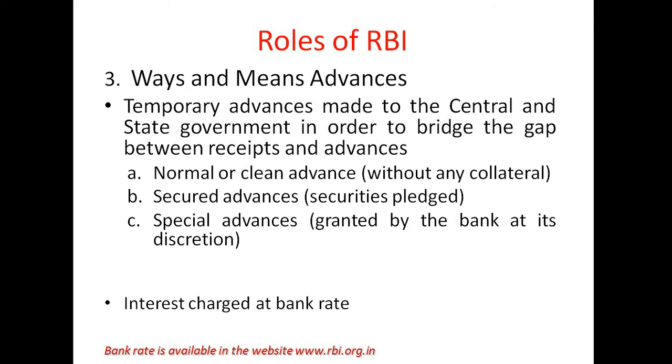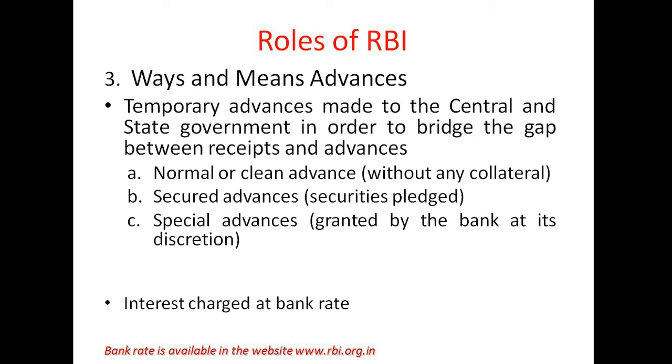The third role, it provides what is known as ways and means advances. These are temporary advances made to the central and state government in order to bridge the gap between receipts and payments. So it could be a normal or clean advance, which means there is no collateral involved out here.